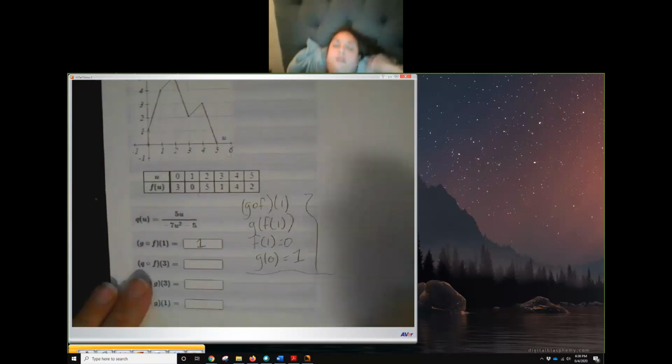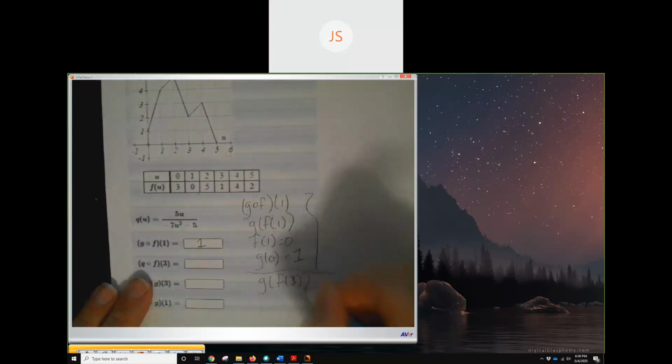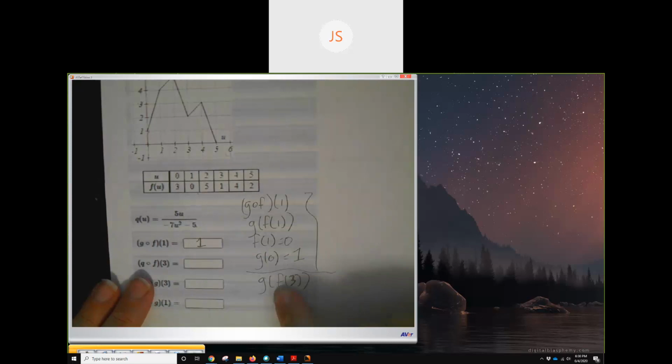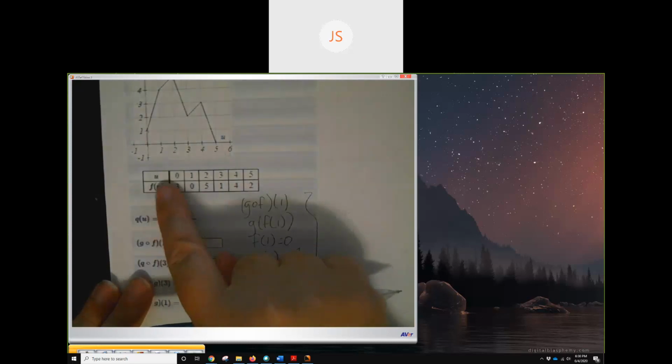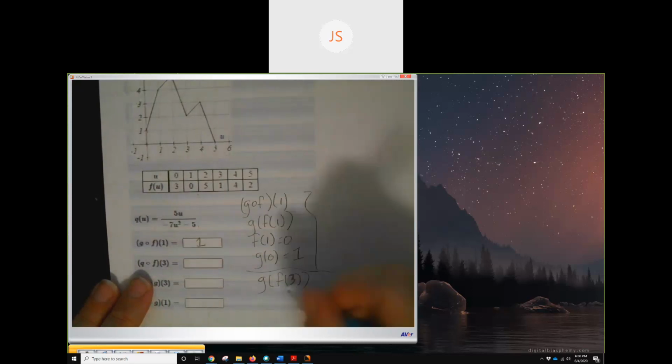So then this next one is the same as saying Q of F of 3, like that. And again, I always work from the inside out. So F of 3, F is my table. So when U is 3, F of U is 1. So that means that F of 3 is 1.